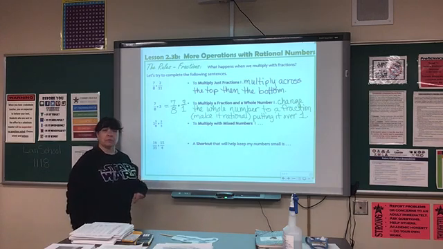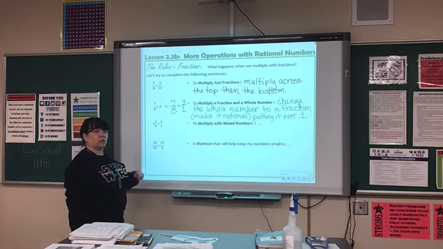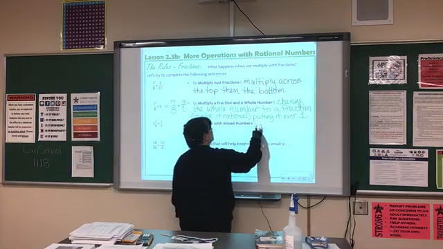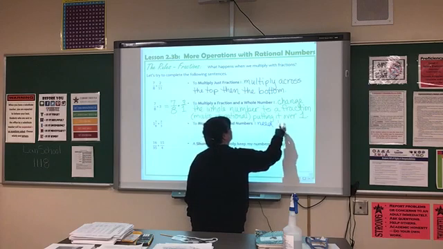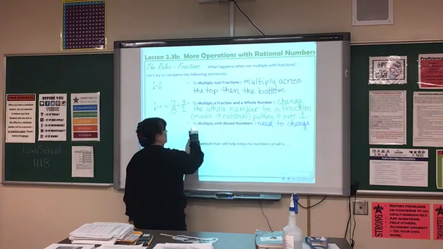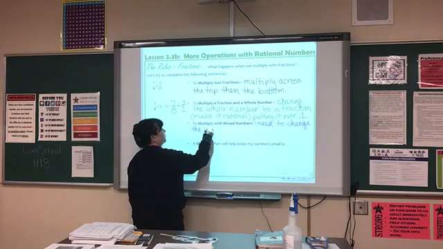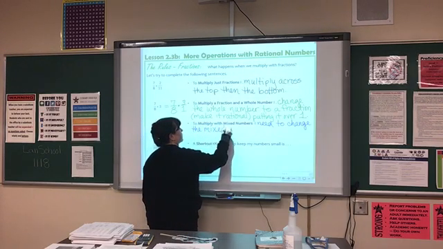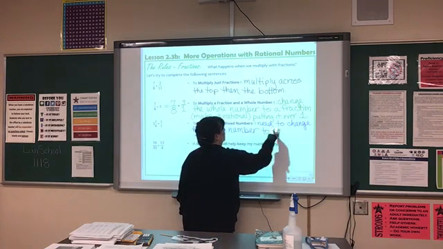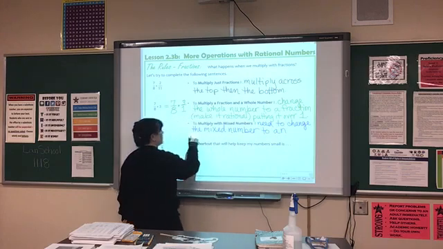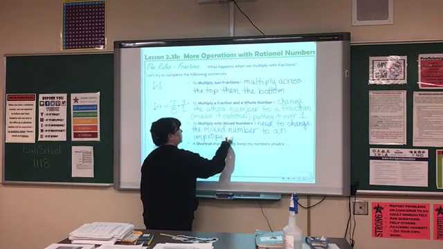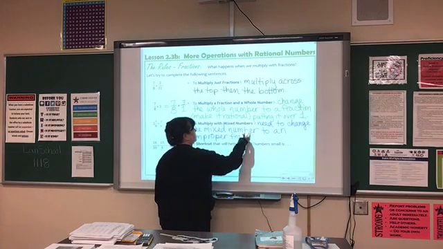If I multiply with mixed numbers like this next one, 1 3/8 times 2/3, well, I need to change the mixed number to an improper fraction.